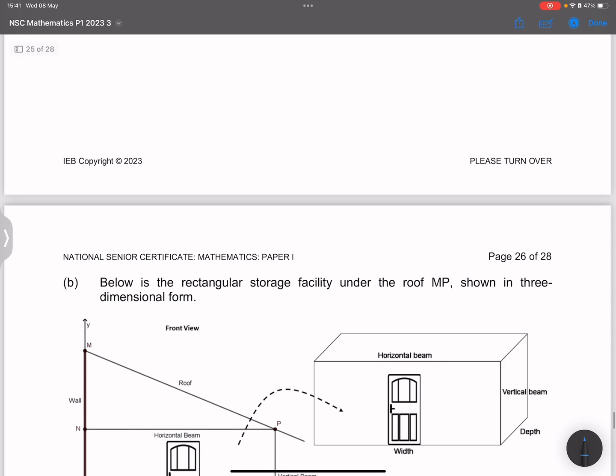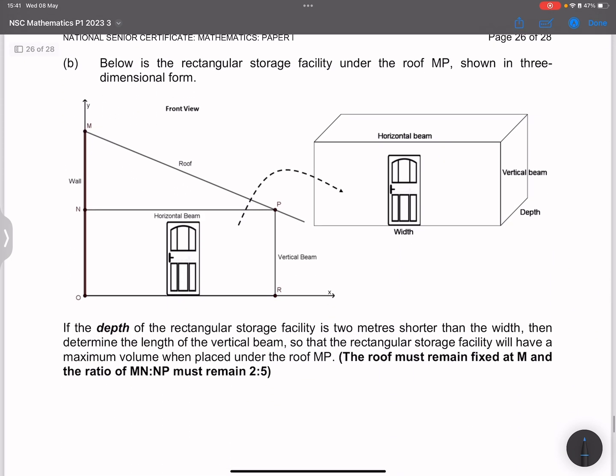Okay, so the next portion, they say below is the rectangular storage facility under the roof MP shown in three-dimensional form. So they say the depth of the rectangular storage facility is 2 meters shorter than the width.